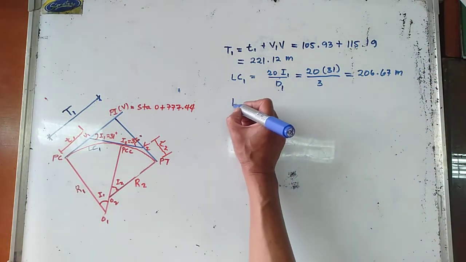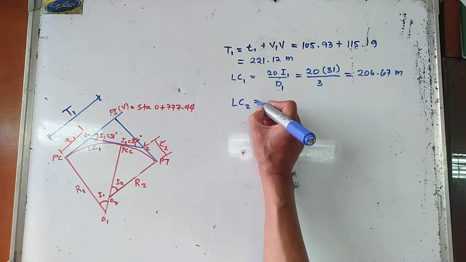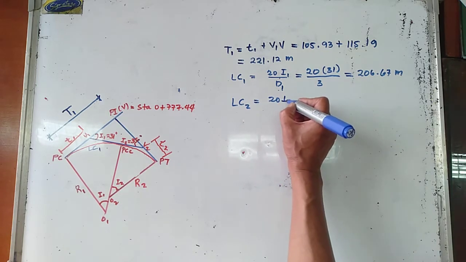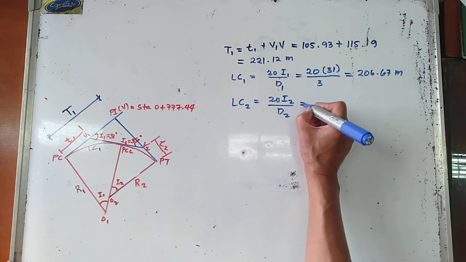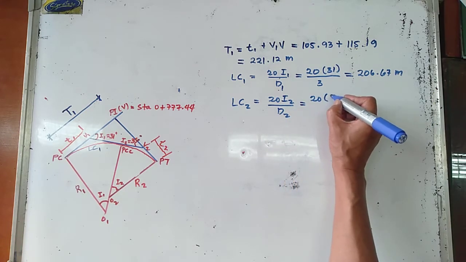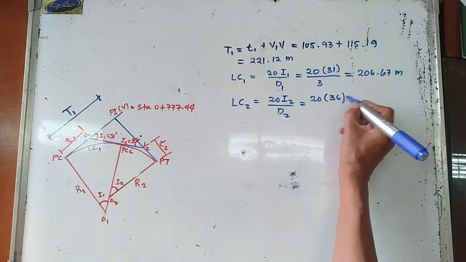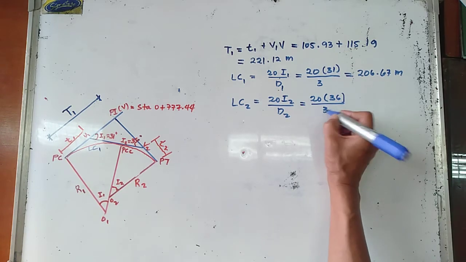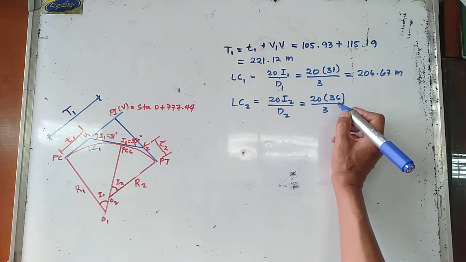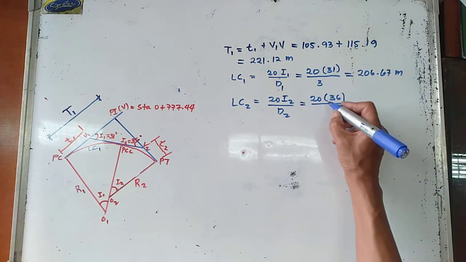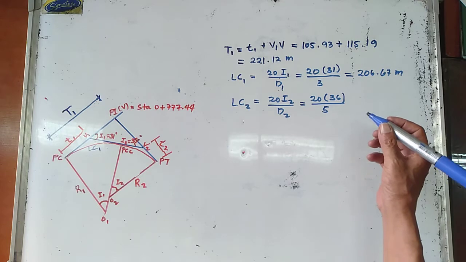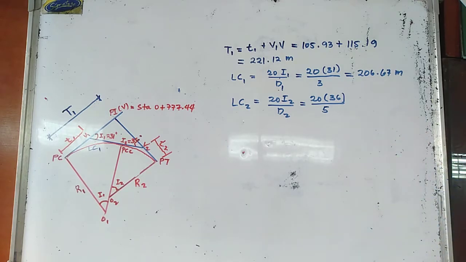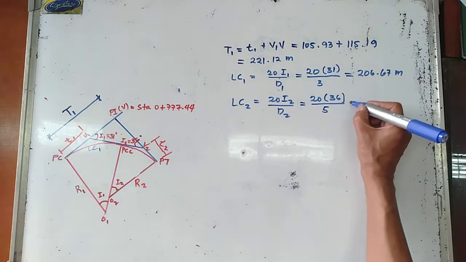And your LC2 is equal to 20I2 all over D sub 2. So this is 20 by I2 is 36 all over D2 is 5 degrees. And this is equal to 144 meters.